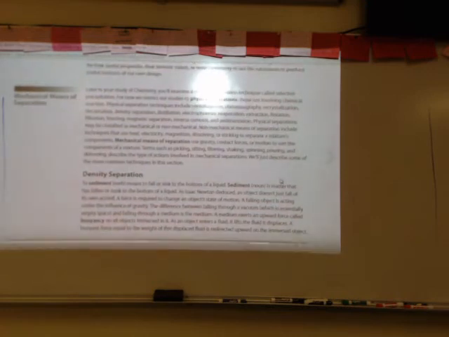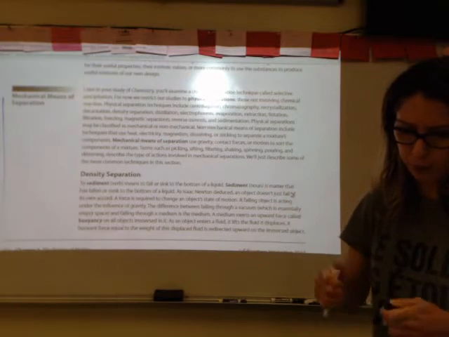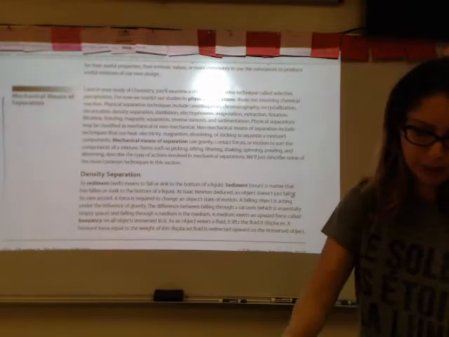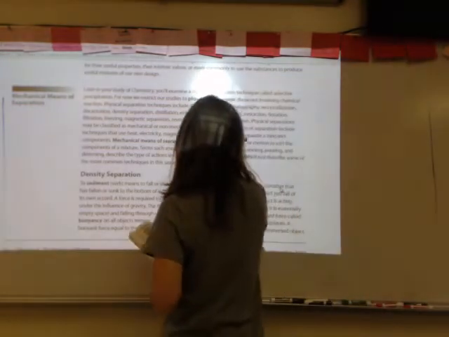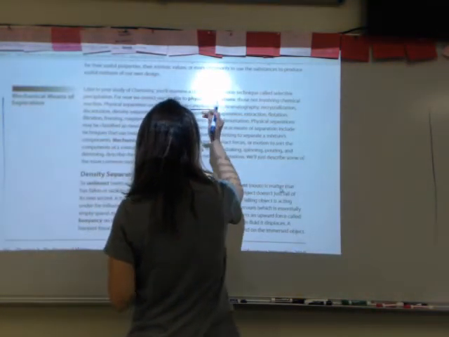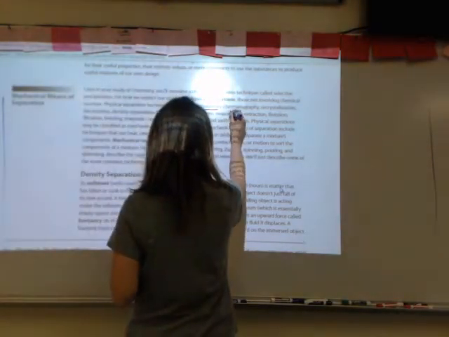So we're going to move on and come down here to mechanical means of separation. A physical separation doesn't involve a chemical reaction. And this would be things like centrifuging something. That's where you spin it in tubes and it separates based upon density.